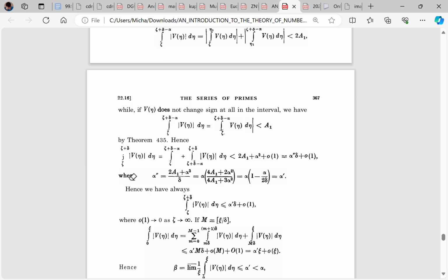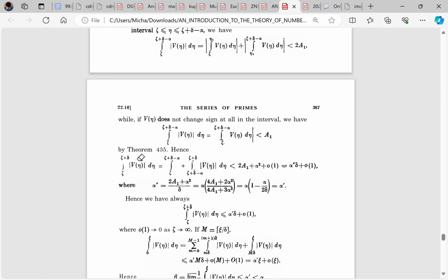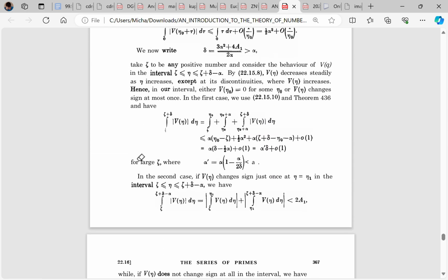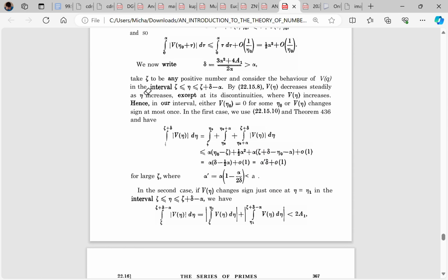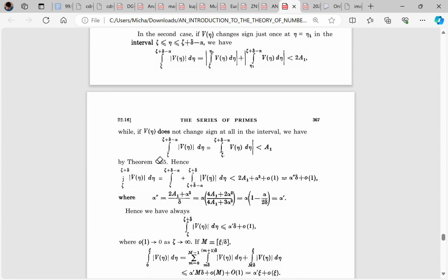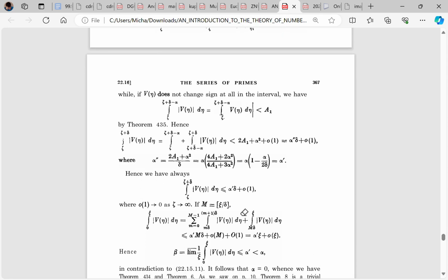Zeta is arbitrary. Zeta is any positive number. So then that should work for all of these intervals here.